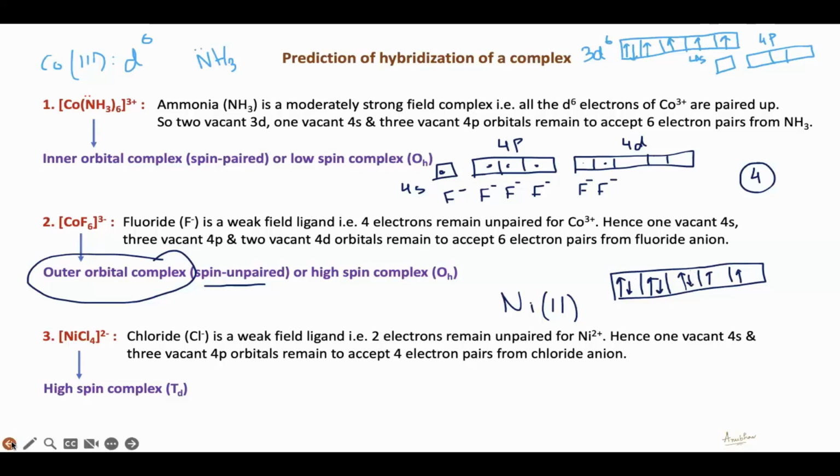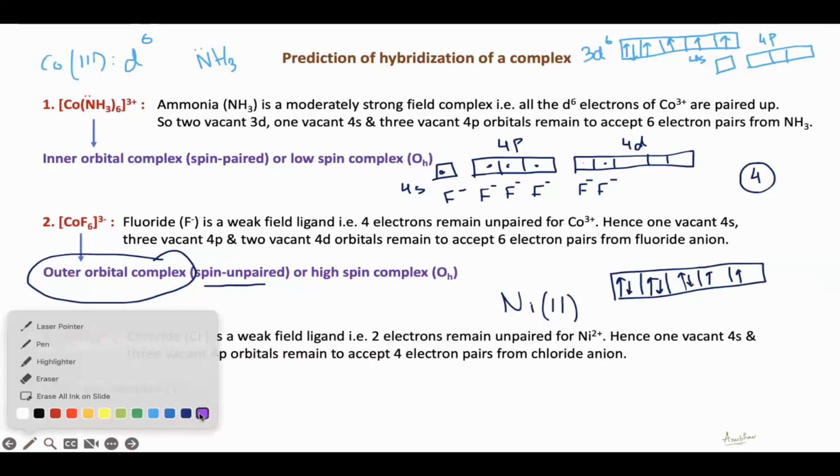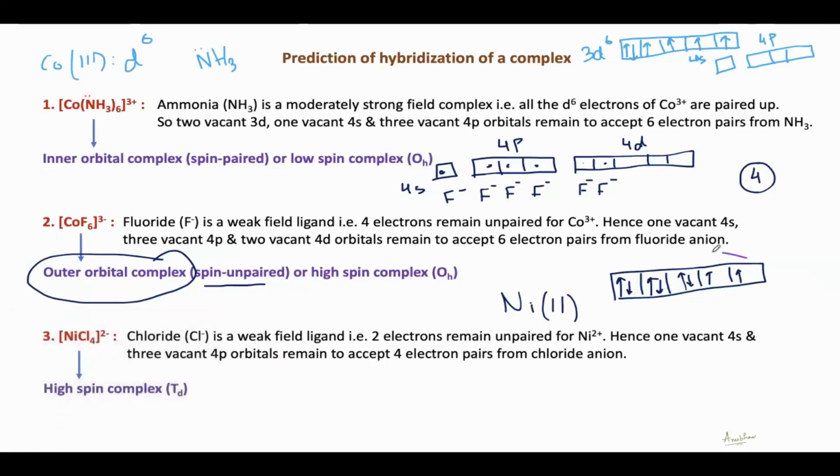So basically, in the case of nickel +2, we have 2 unpaired electrons in the 3d orbital. So 2 unpaired electrons are there in the nickel +2 system, and then we have the 4s and 4p orbitals over here. Now we have 4 Cl- ligands.